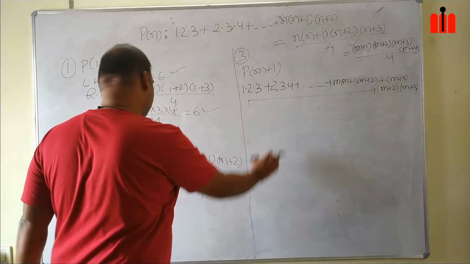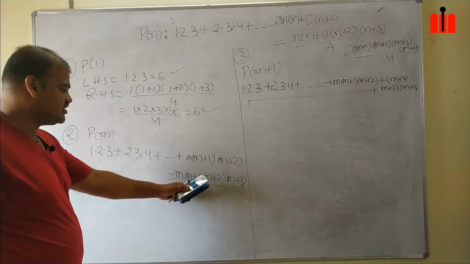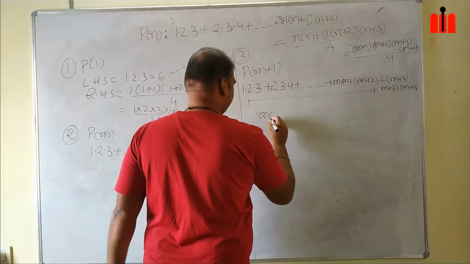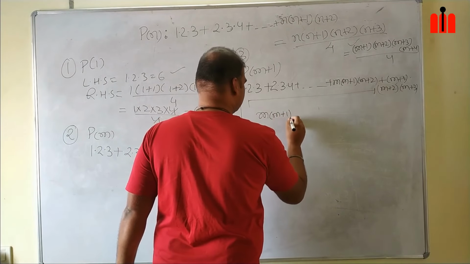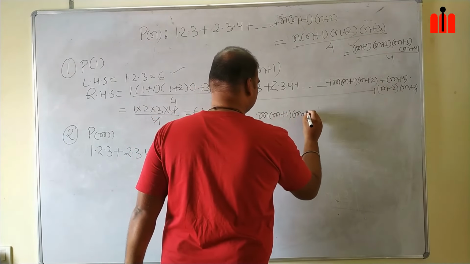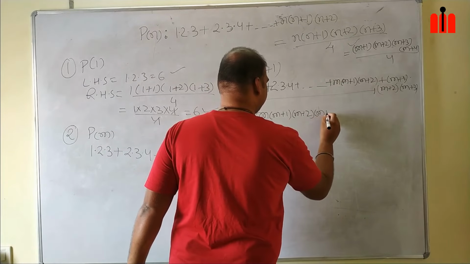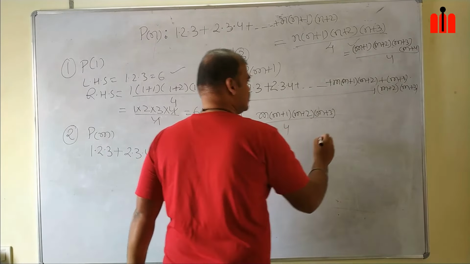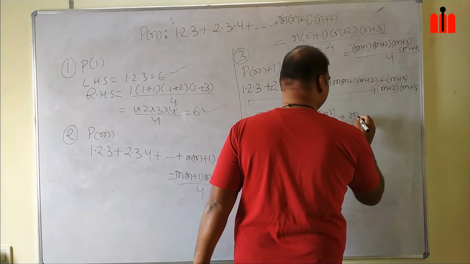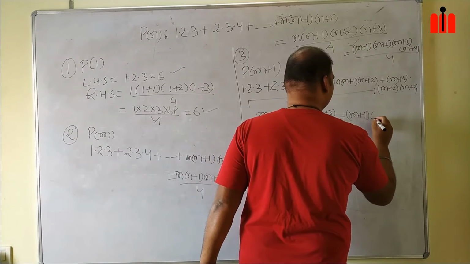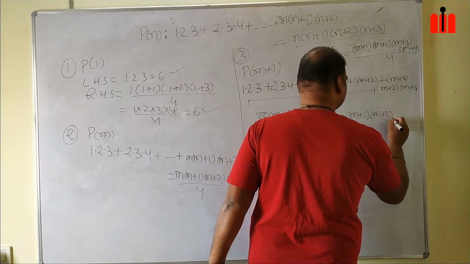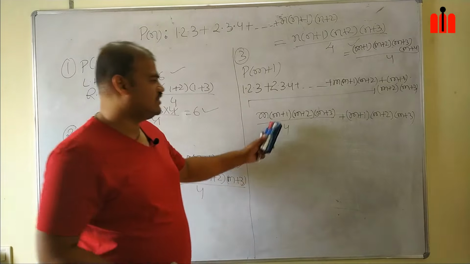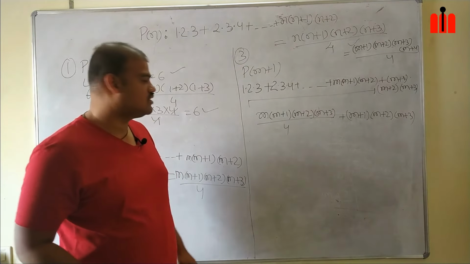The sum of the first M numbers is M, M plus 1, M plus 2, M plus 3 by 4. So you substitute over here M, M plus 1, M plus 2, M plus 3 by 4, and you are left with M plus 1, M plus 2, M plus 3. Now in these two terms, what is common?